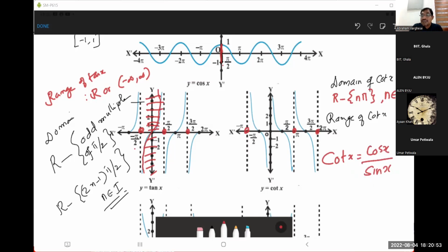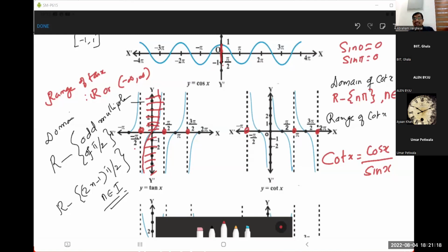Where is sin x equal to 0? Sin 0 is 0, sin pi is 0, sin 2 pi is 0, sin 3 pi is 0, sin 4 pi is 0. Therefore, at a multiple of pi, cot x is not defined.